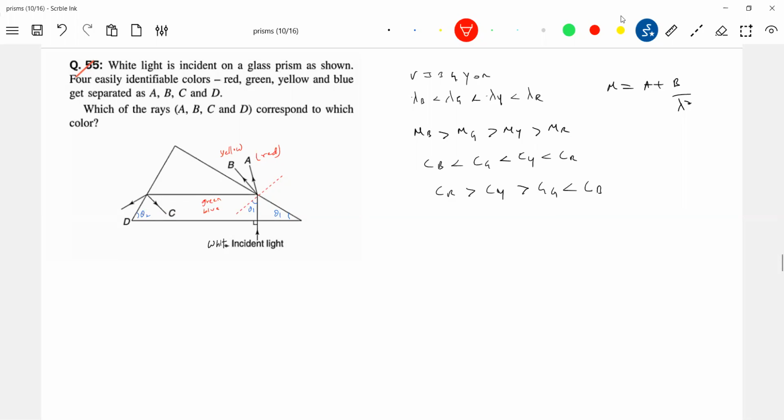No, let's come to this one. What is the angle of incidence? 90 minus theta 2 will come, no? Okay, I'll bring this. This should be the normal.